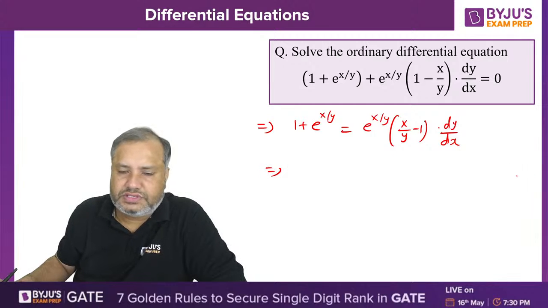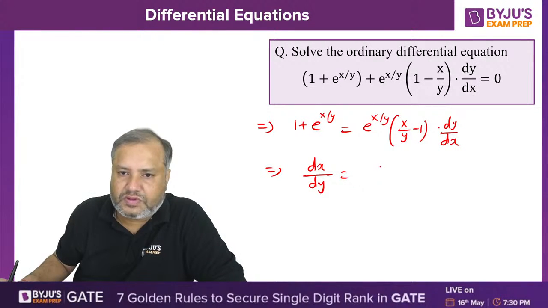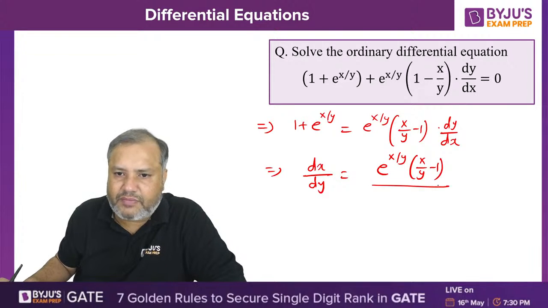Now separate the variables. So dx by dy, then e raised to x by y, x by y minus 1, and this term is brought to the denominator.